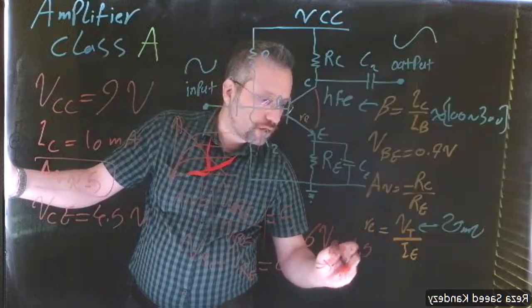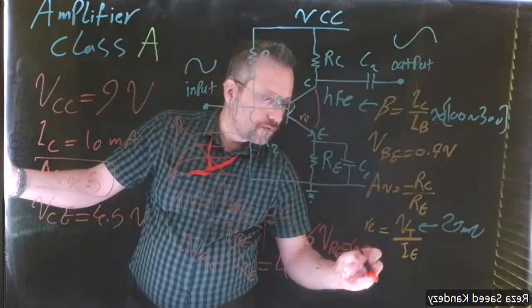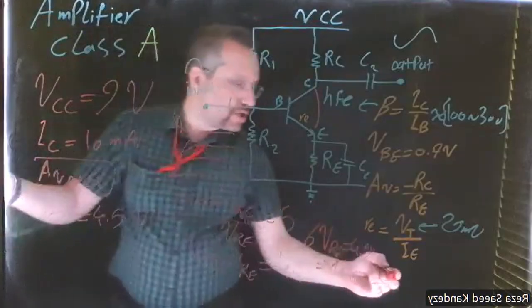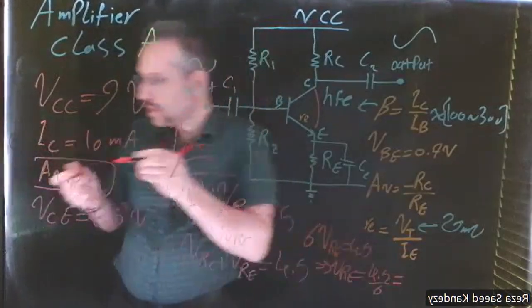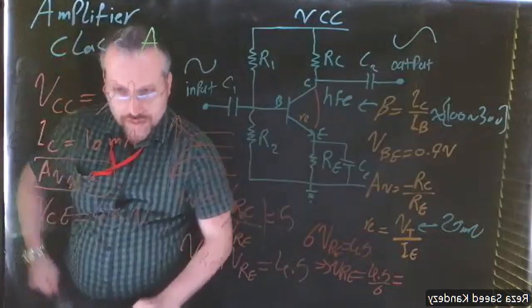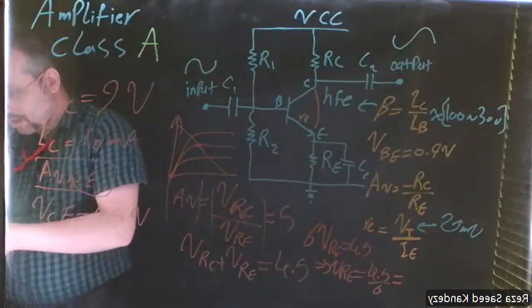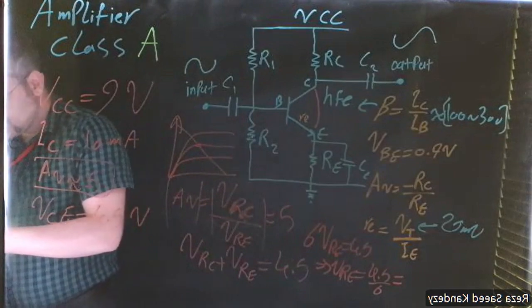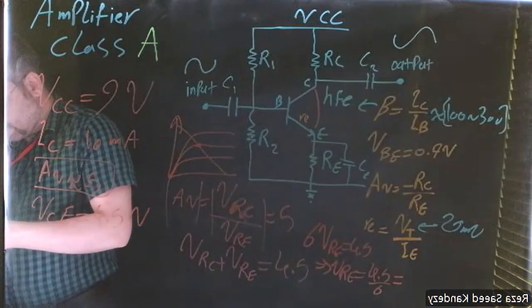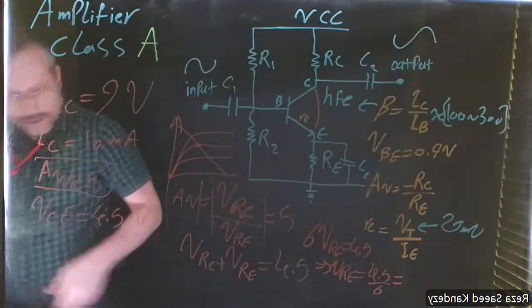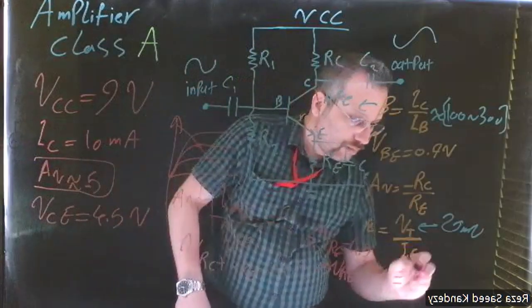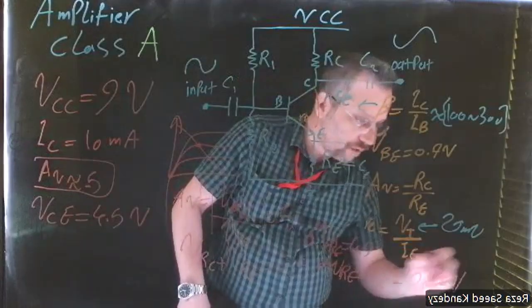Therefore, the voltage of RE is 4.5 over 6, which, let me calculate using a calculator, I'm not feeling like doing that in my head, 4.5 over 6 becomes 0.75 volt.